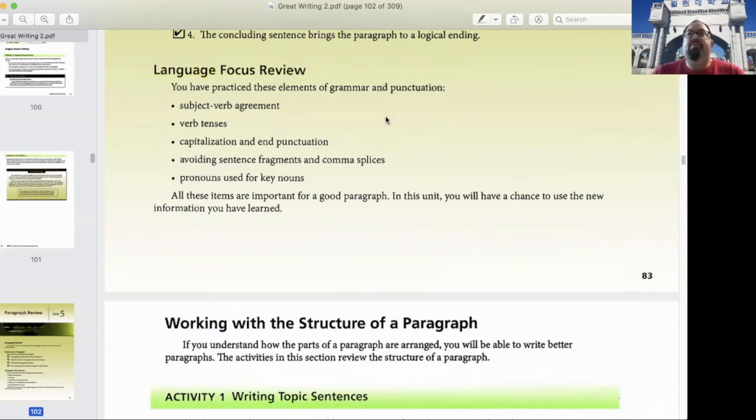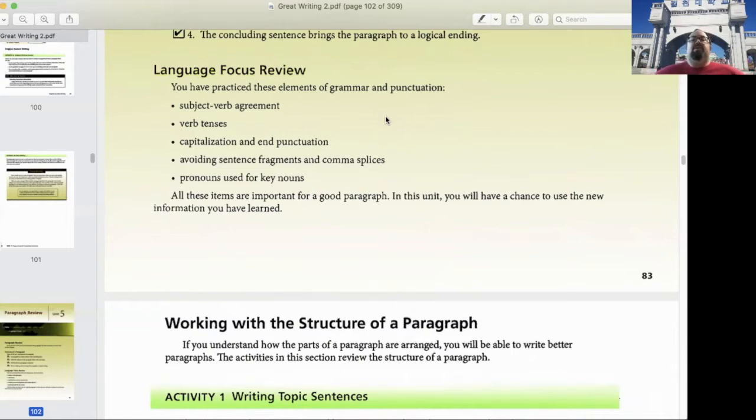So what types of words to capitalize, and also how to end sentences, making sure you have a period or question mark or exclamation point at the end of the sentence. We discussed fragments, sentence fragments, and comma splices, and how to find them and how to fix them so that you do not use those when you write.